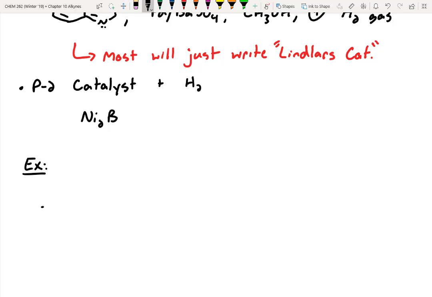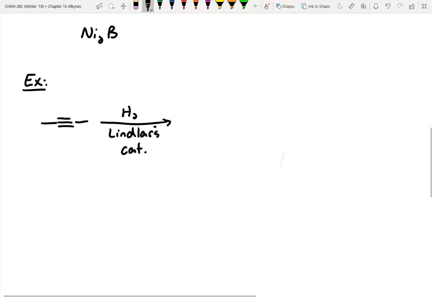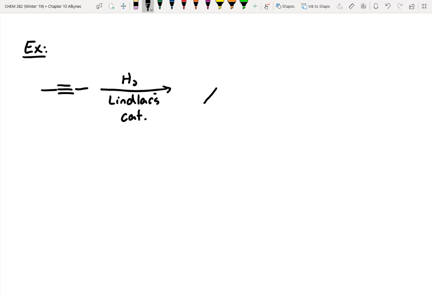So the example is, let's say we have that same internal alkyne. We can react this with H2 and Lindlar's Catalyst. And when you react these together, like I said, you'll stop at the alkene and you'll get syn addition of your hydrogens.